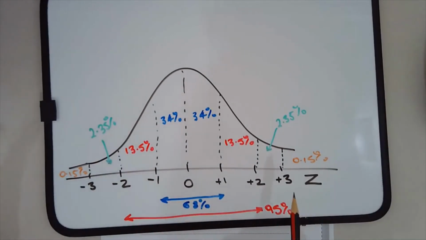When you're dealing with Z-scores, and especially with normal distributions, roughly 68% of the scores will lie between -1 and 1 standard deviation from the mean, or a Z-score of -1 to 1. 95% of scores will lie from -2 to 2, and 99.7% of scores will lie from -3 standard deviations to 3 standard deviations from the mean. We'll refer to that later.